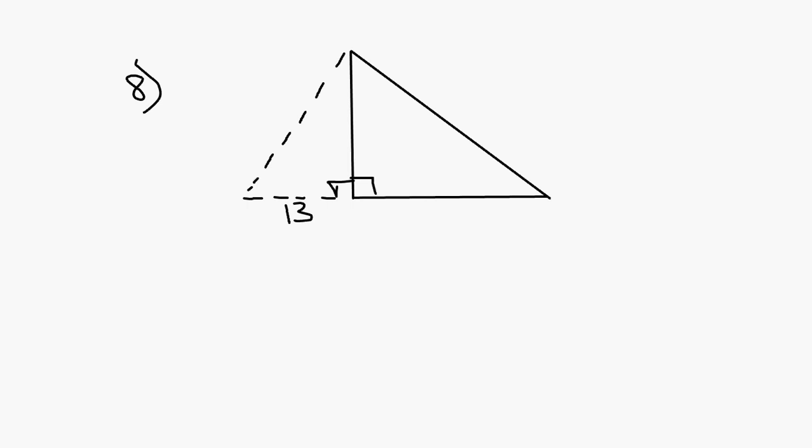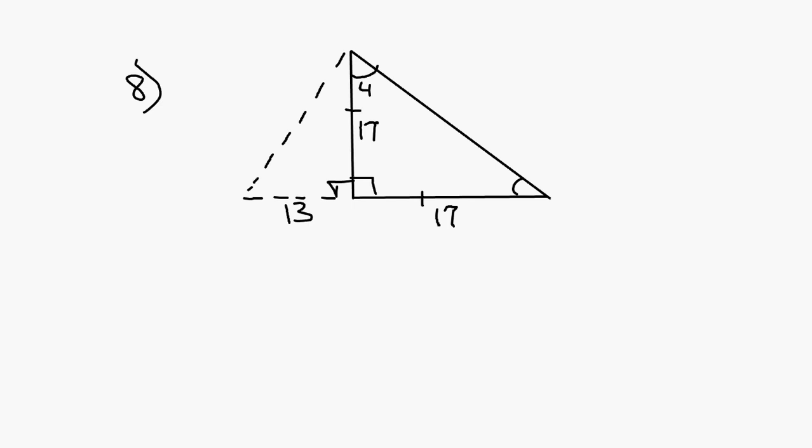If a right triangle has two legs that are equal to each other, that makes it a 45, 45, 90. If these two legs are equal to each other, then these two angles are equal to each other. And if those two angles are equal to each other and they got to add up to 90, then they're 45 degrees each.